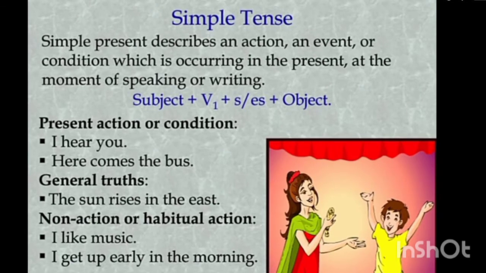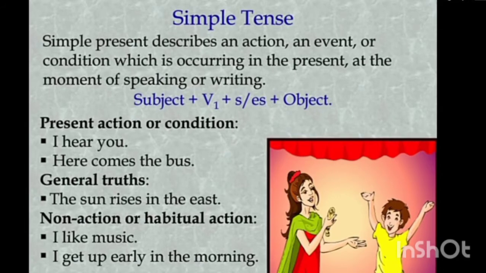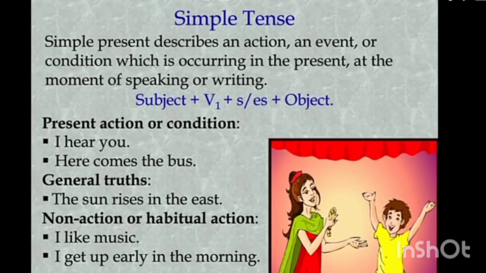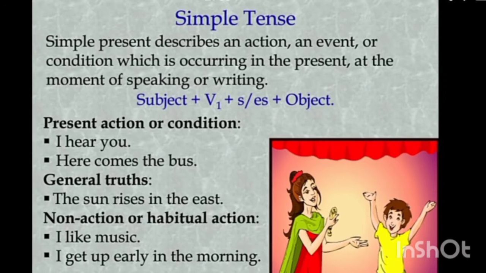First, subject, which is a necessary part of any sentence, plus V1, that is the first form of the verb, or you can also say the base form of the verb, plus S or ES. Here S or ES is an optional part of the sentence. Why optional? Because we are supposed to use S or ES with a third person singular noun or pronoun.